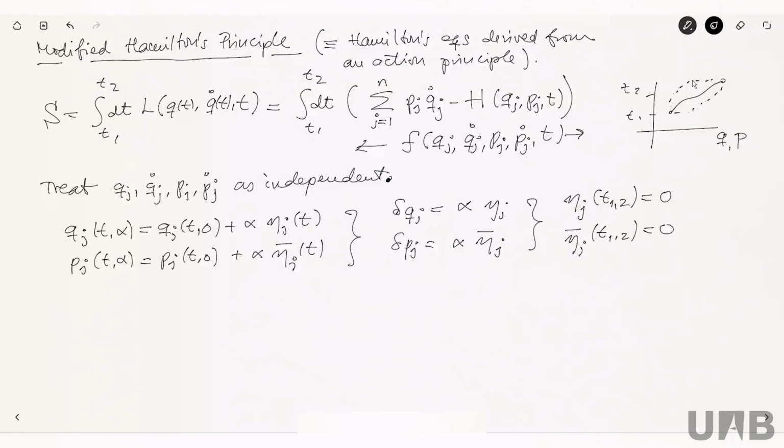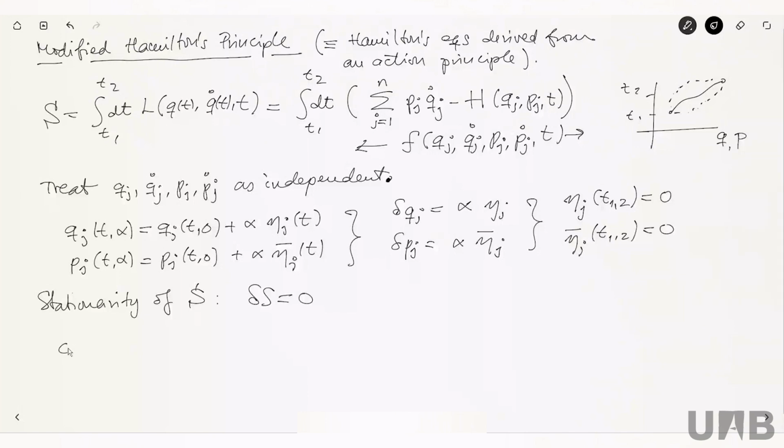All right, so now the action principle, the stationarity of S, becomes the condition delta S equals 0 under all these variations. Now we vary the q's and the p's as if they were independent variables.